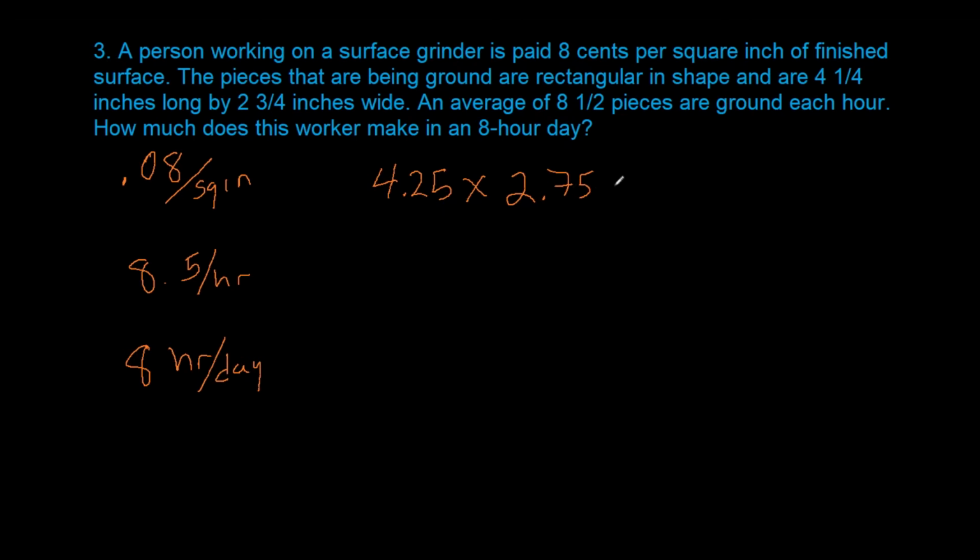We know that we're going to grind this area, 4.25 by 2.75. If we multiply those together, we get 11.6875 square inches.